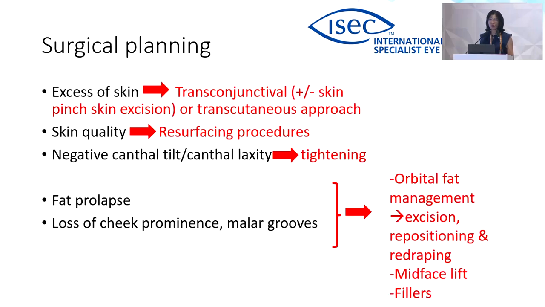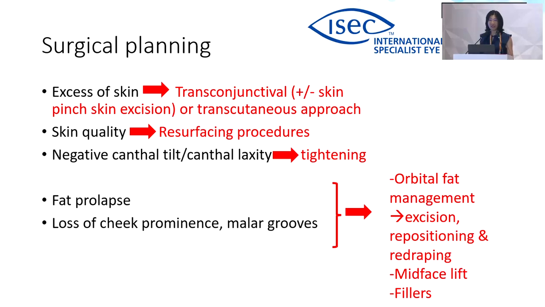The skin also will be scrutinized to see whether there is any skin excess and also the quality of the skin. So a careful evaluation will aid the surgeon in doing a good surgical planning. Excess of skin will aid us to decide whether to go transconjunctivally with or without a skin pinch excision or for a transcutaneous approach directly. Poor skin quality can be augmented with some resurfacing procedures.